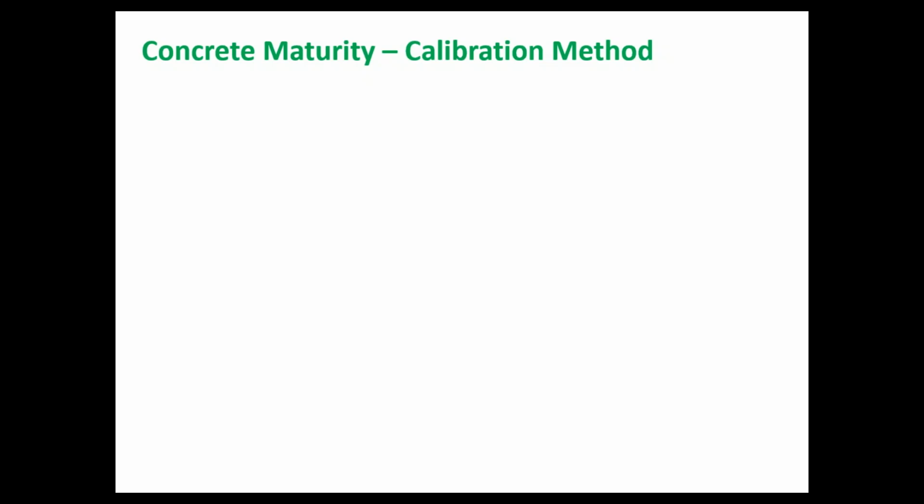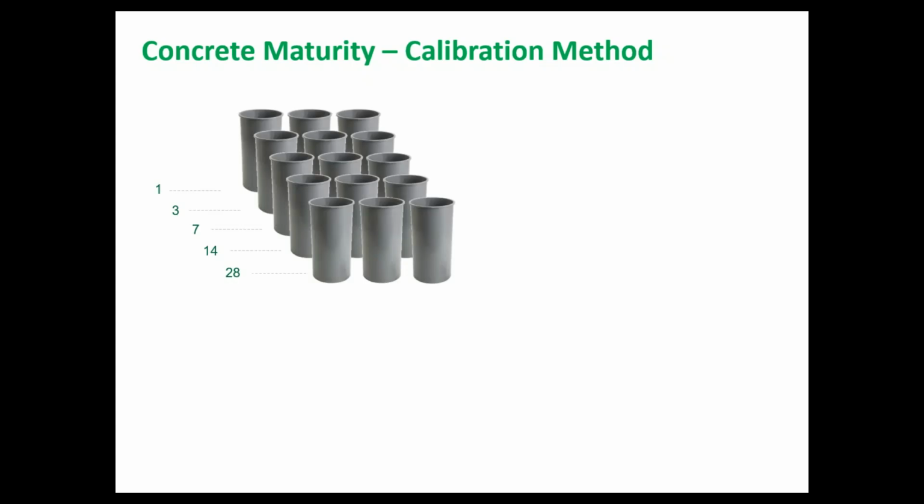Say in your project, you're going to use 3 or 4 mixes, and you know the exact mix design, or you can ask your producer. You can do this calibration ahead of time to get the calibration parameters ready for your actual job site pour. So in the calibration, you cast 15 cylinders.